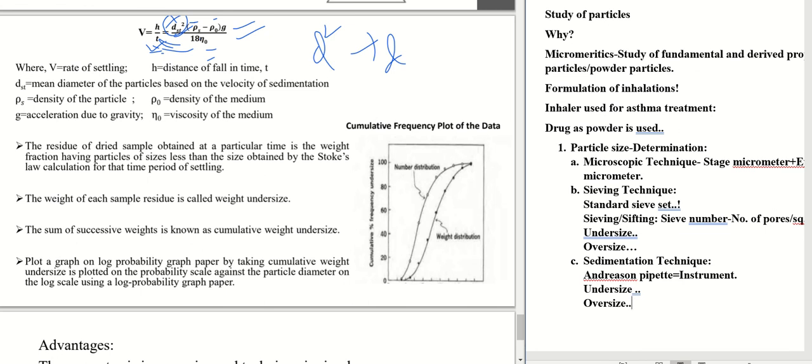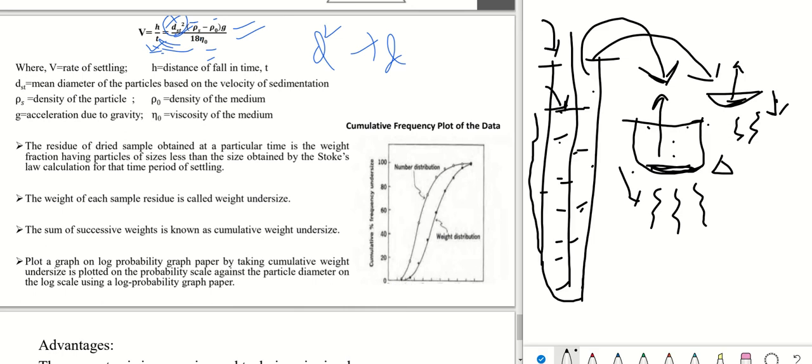How can we get it? The undersize is the sample which we get in this residue. This is known as undersize.